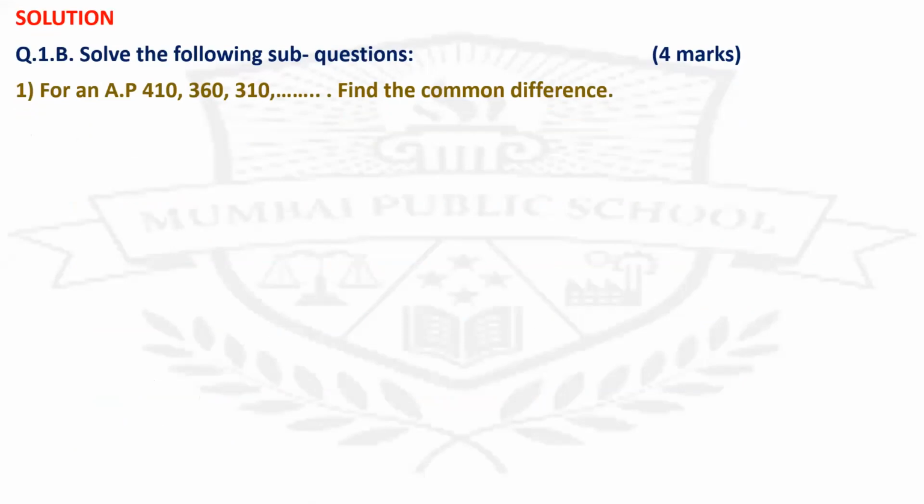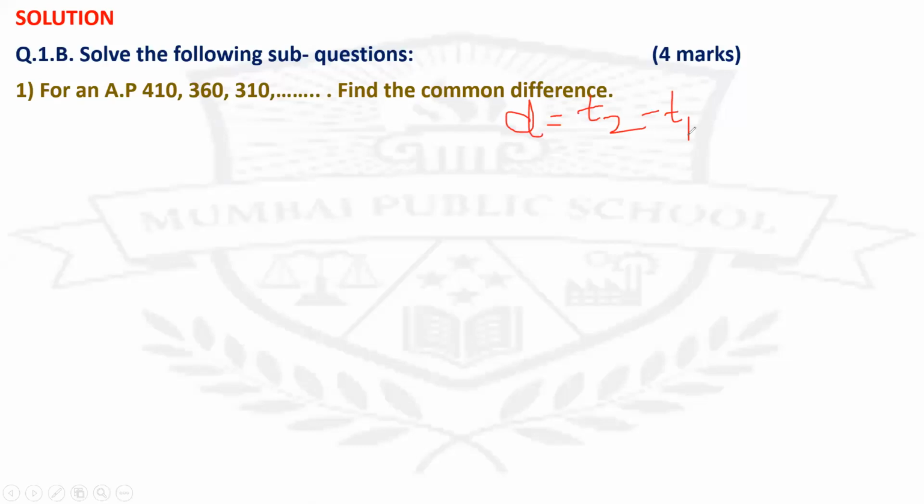For an AP, 410, 360, 310, find the common difference. Very simple. What is the formula of common difference? The formula of common difference is d, which is T2 minus T1.